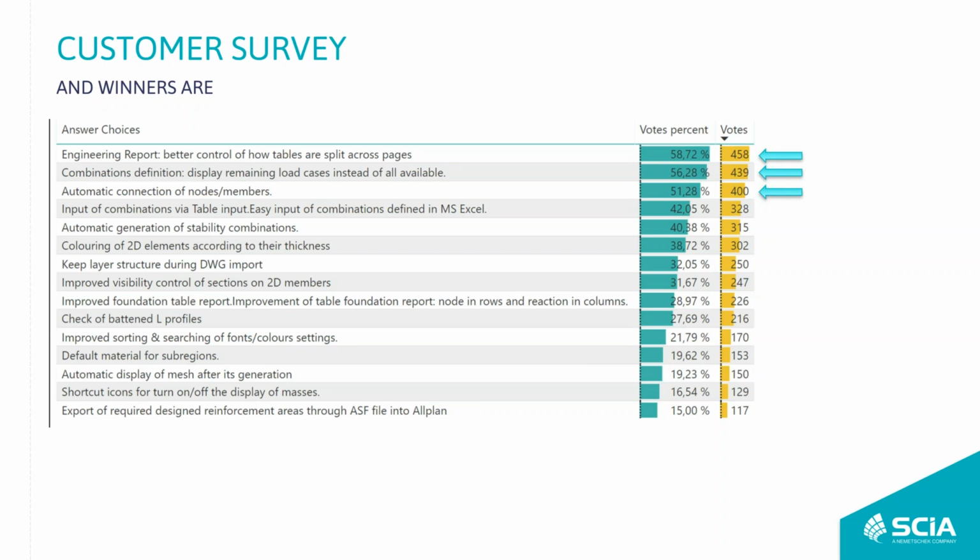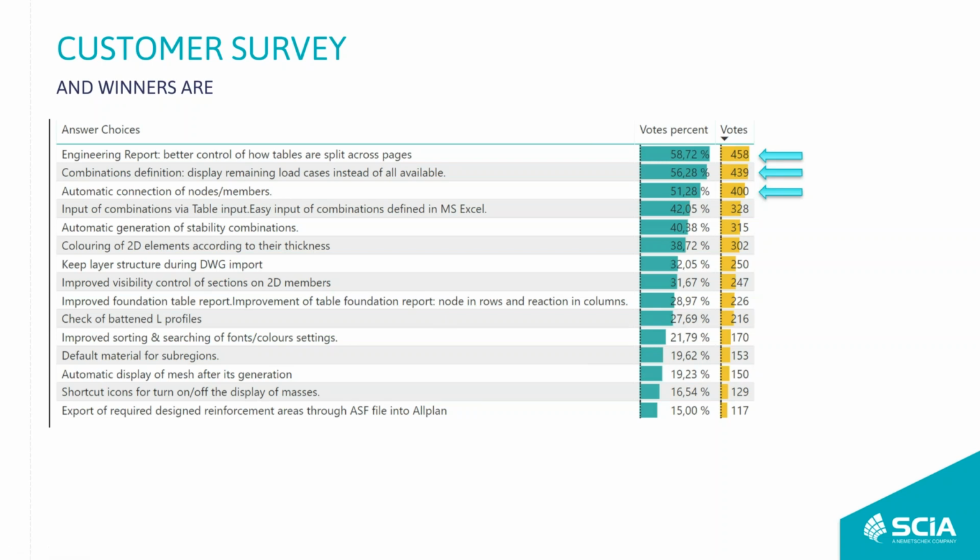As you can see on the list, there are other topics. Today you heard about the improved visibility control of sections on 3D members, which was presented by my colleague Vladimir.